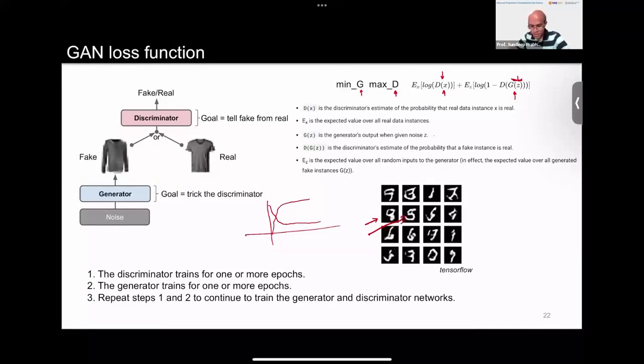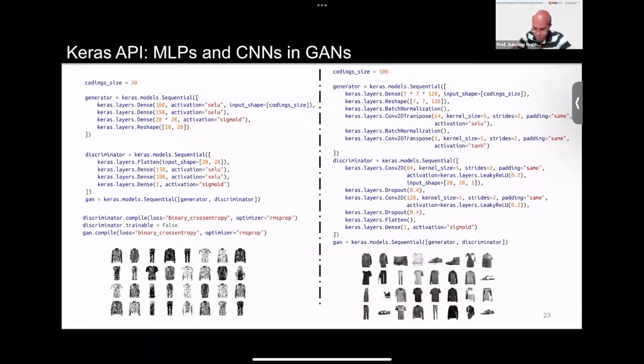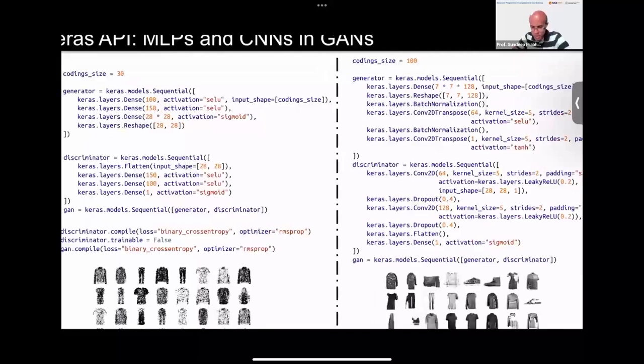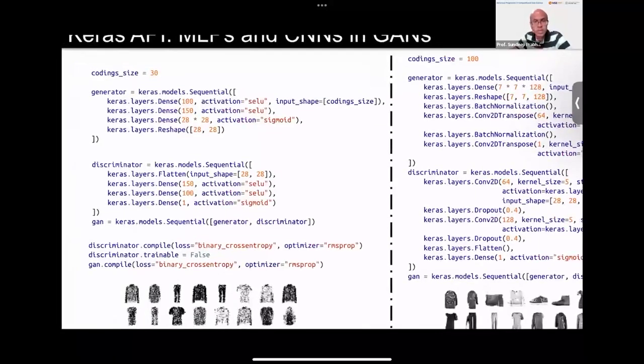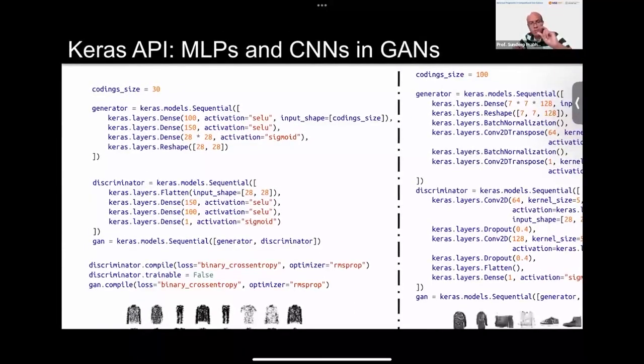Now let's take a look at a code snippet. Nothing too complicated. So coding size, as always, is basically the size of the noise variable that you would give as an input. So you feed in a generator with a 30-dimensional random vector, and the output in this particular case, when you're training this fashion MNIST, would be 28 by 28.